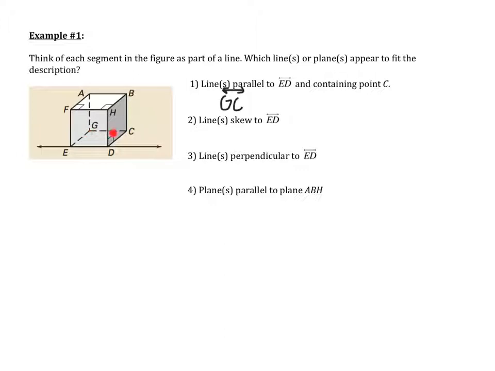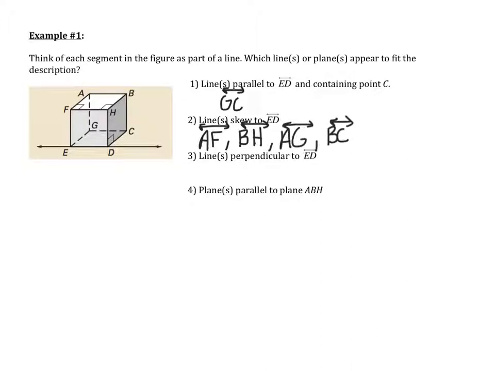Line GC is in the same plane. It doesn't intersect it, but it's in the same plane. So those are just parallel lines. The lines that don't intersect ED would be lines like AF and BH. Also included would be lines AG and BC because they do not intersect line ED and are non-coplanar.